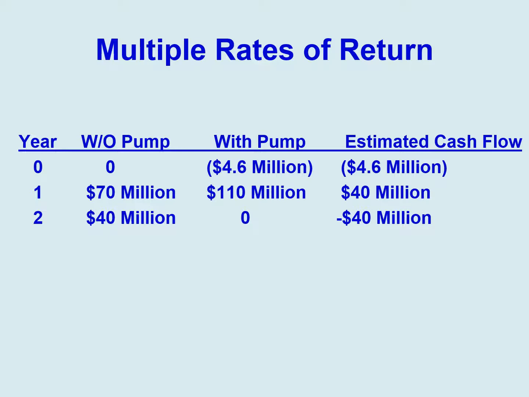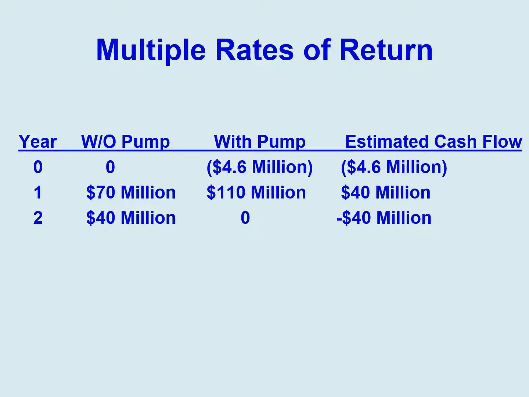So you can continue with the same pump you're using, and that's what the first column is showing there. So if you continue with the pump that you currently have in place and you're not buying another pump, okay, the question here is, do we buy an additional pump for $4.6 million to pump the oil out faster?